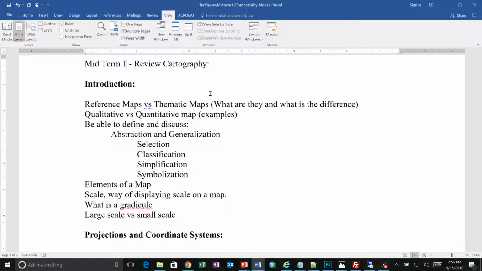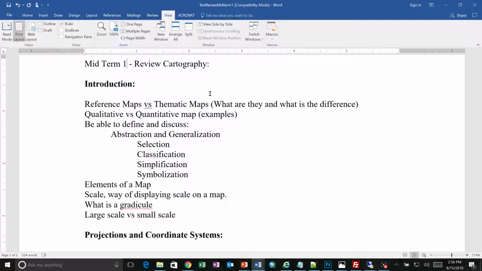All right, so on the test you'll either need to provide an example or identify an example. Okay. All right. So we did talk about these concepts. These are the concepts of abstraction and generalization. Because remember, as cartographers, we're not symbolizing the entire world.